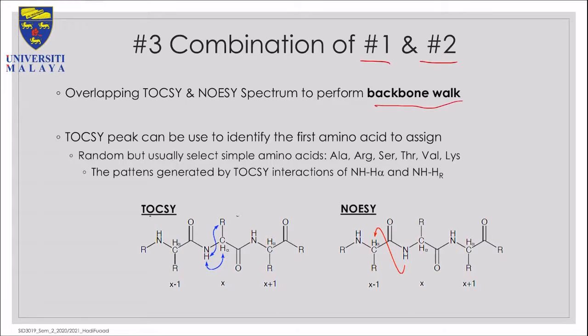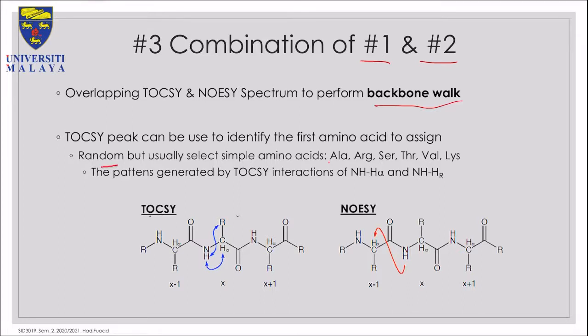TOCSY can be used to identify the first amino acid, but it's random, so you don't know which amino acid it is, especially if you're analyzing proteins or peptides that have 2 or more similar amino acids. You can identify the amino acid type, but you don't know which one it is. But usually you select the simple amino acid.